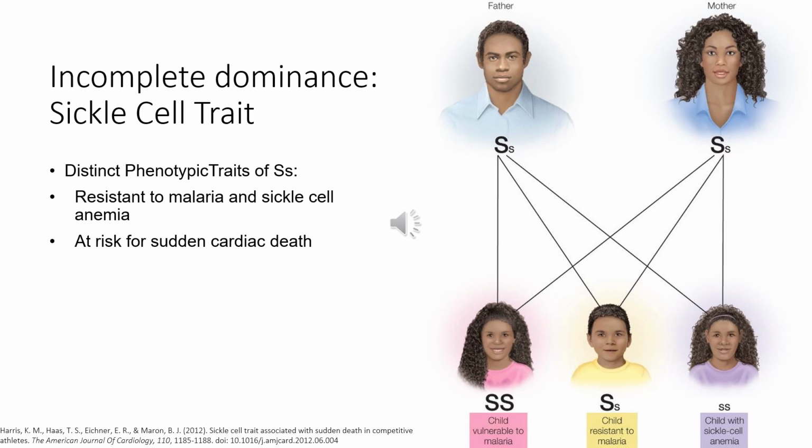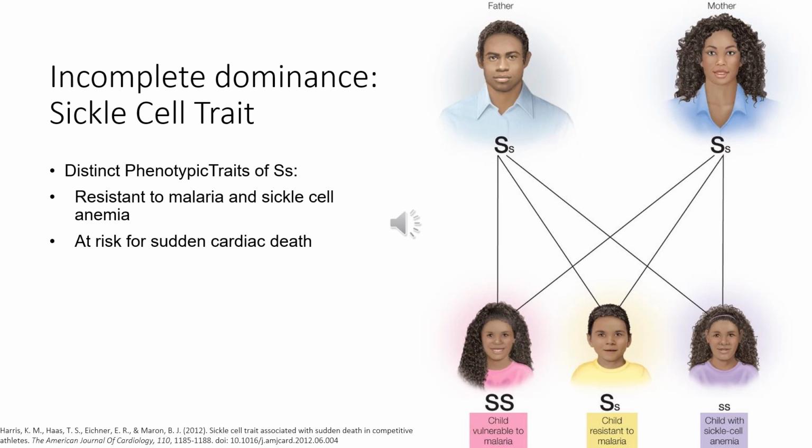The downside of being the kid in yellow is that your cells will sickle somewhat under intense stress, not as much as a child with sickle cell anemia, and this is associated with cardiac arrest.